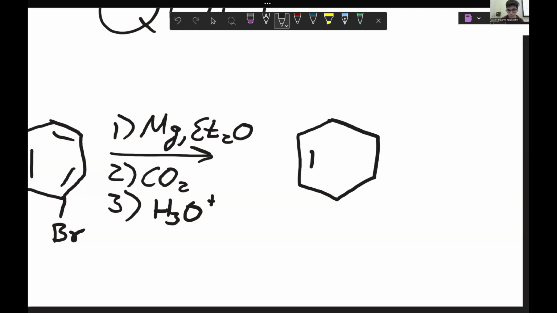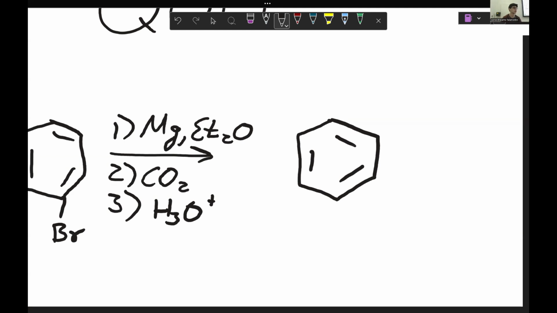So we've got the benzene ring, and then we're reacting it with magnesium to form that Grignard. That Grignard's a really strong nucleophile, so it's going to be able to attack the carbon on the CO2 to basically stick that CO2 on there. But when you stick it on, you're not going to get a carboxylic acid right away.